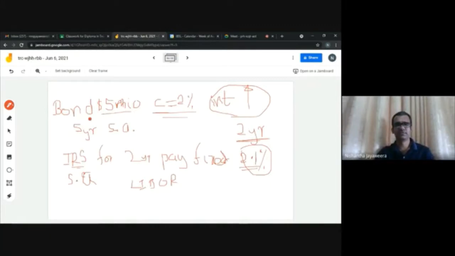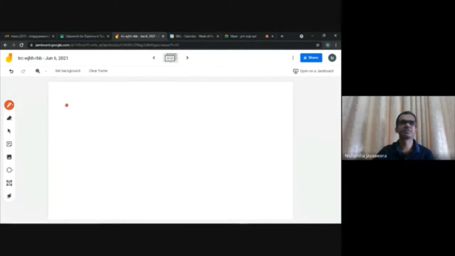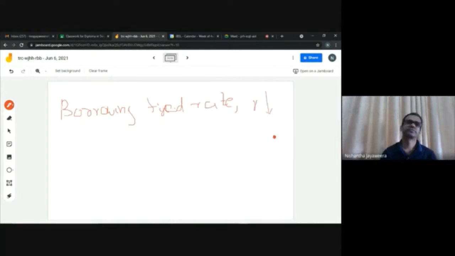If you have a borrowing at a fixed rate and you think interest rate to go down, what you can do? You have a borrowing, fixed rate, and you expect interest rates to go down. What's the problem?